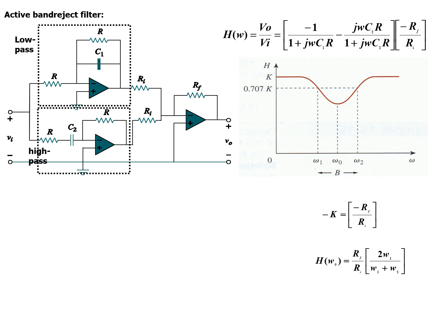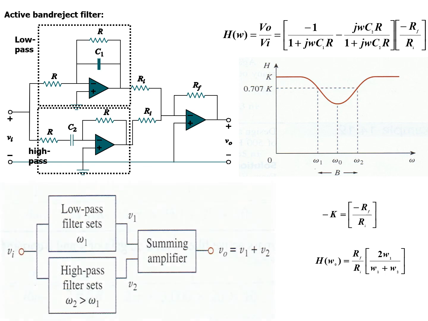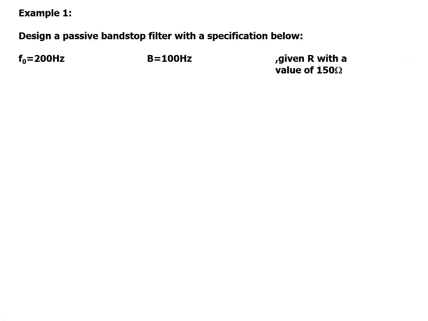The gain, negative K, is negative RF over RI, and the transfer function is as shown. So in the end, this low pass filter and high pass filter are summed at the amplifier, and it's just a matter of adding V1 and V2 from the low pass and high pass filters.